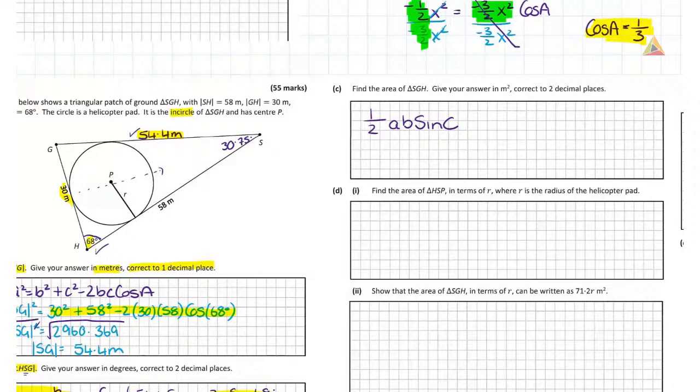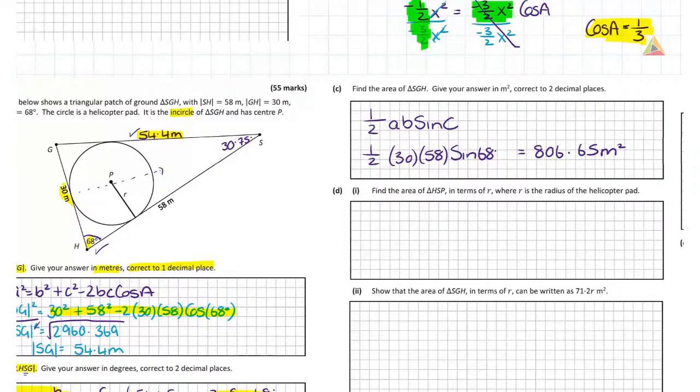Doesn't matter which two sides you pick. I'm going to pick 30 and 58 times the sine of the angle in between. So that's the sine of 68 degrees. And that's going straight into your calculator. It should be giving you 806.65 meters squared to 2 decimal places.